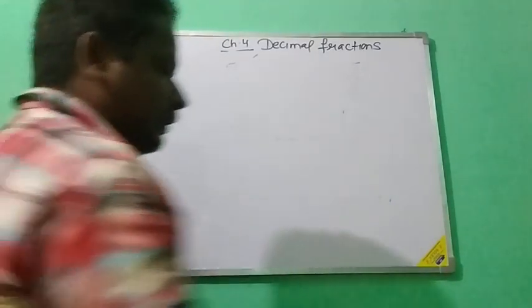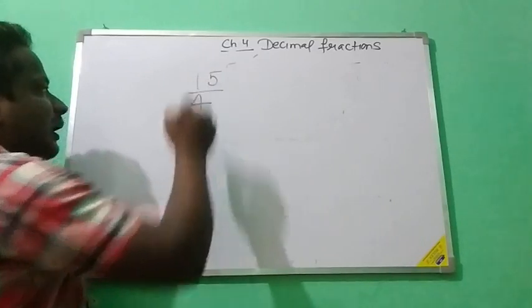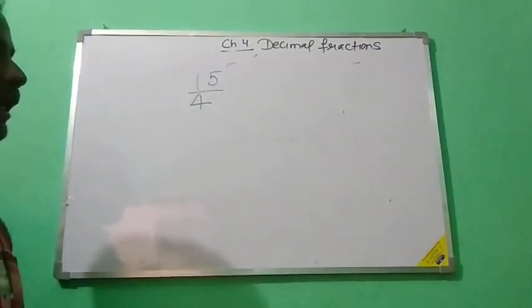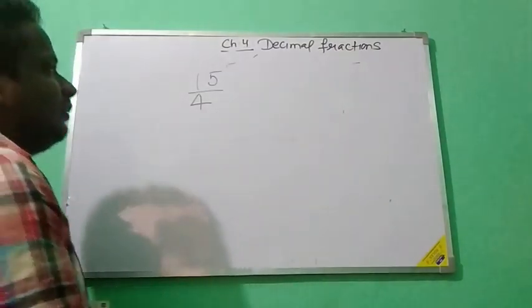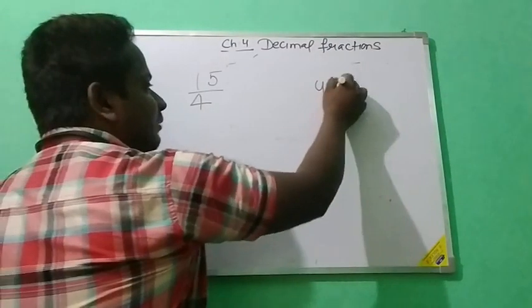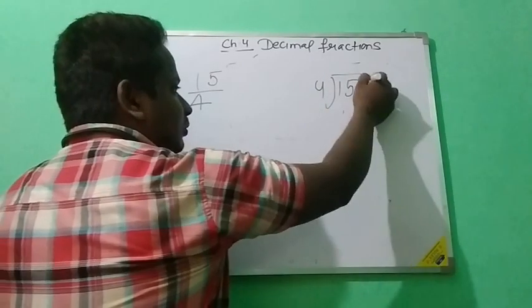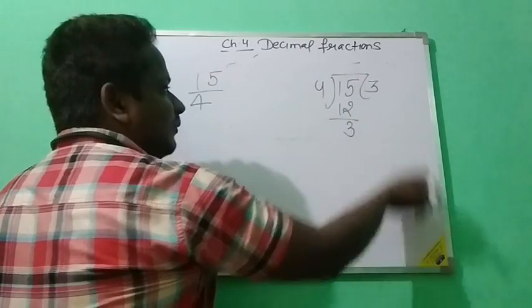Suppose your number is 15 upon 4 and you need to convert it into a decimal. I hope that you all know how to divide a number. You just need to divide 15 by 4. 4 3s are 12. 5 minus 2 is 3.